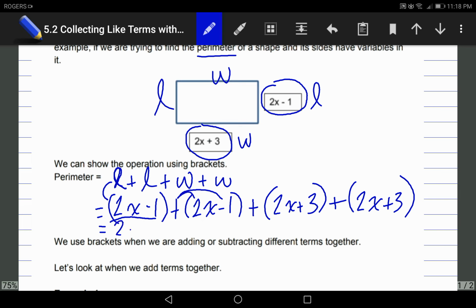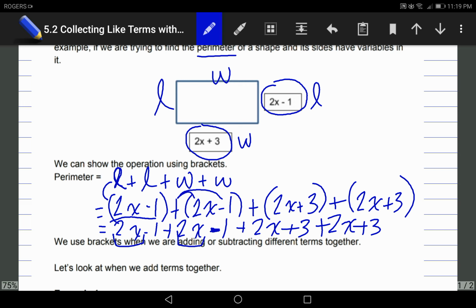You still have 2x minus 1 plus 2x minus 1 plus 2x plus 3 plus 2x plus 3. Nothing changes. I'm not going to answer it, but you would collect all your like terms. You would collect your 2x plus 2x plus 2x plus another 2x, and then collect your minus 1s and your plus 3s.